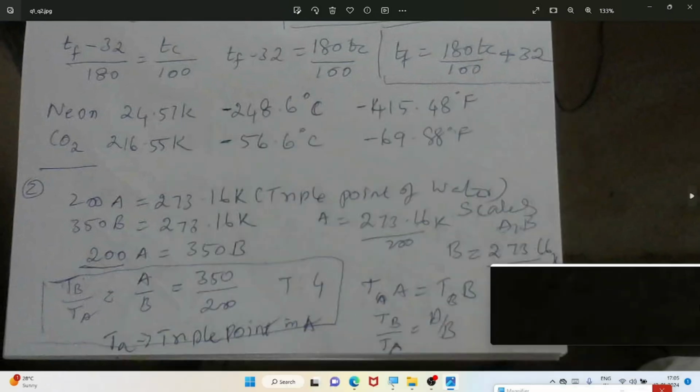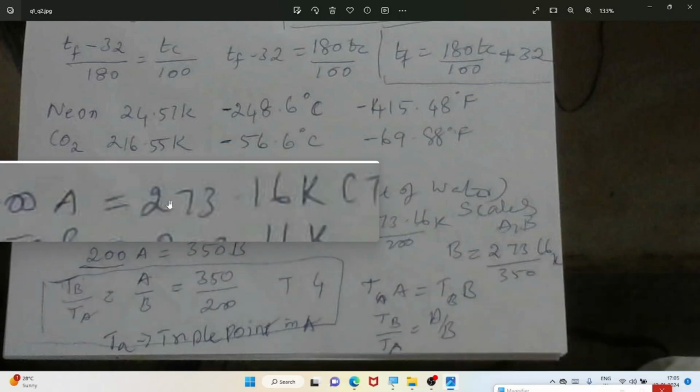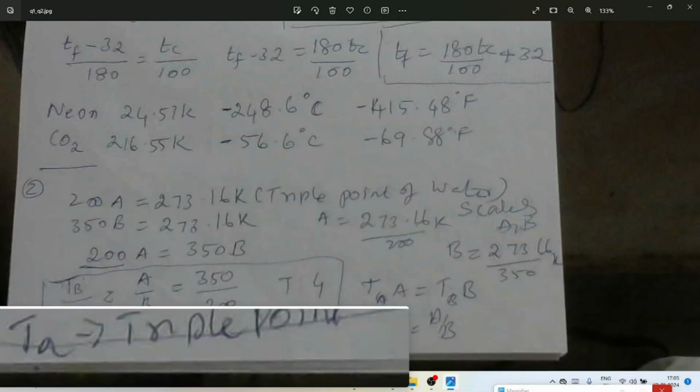So 200A equals 273.16 Kelvin, that is scale A. 350B equals 273.16 Kelvin, that is in scale B. So that means B is a smaller scale than A, because both are equal.